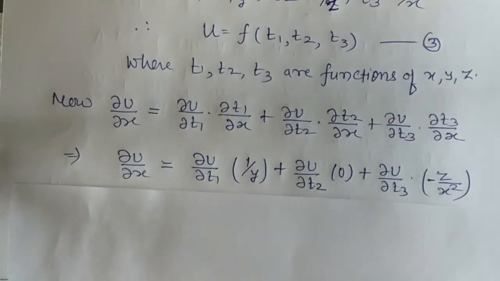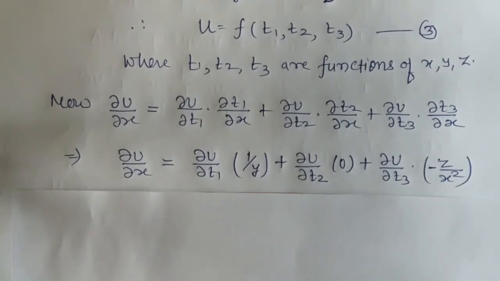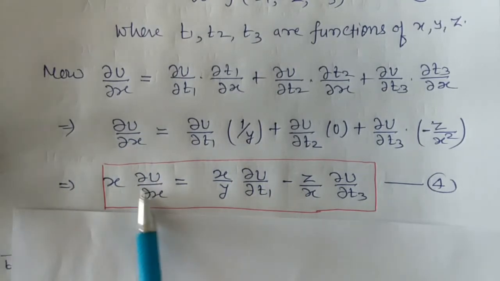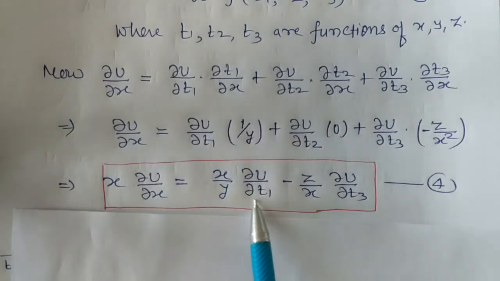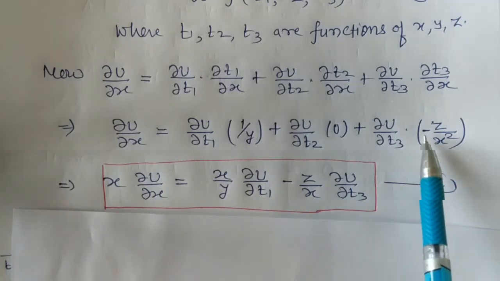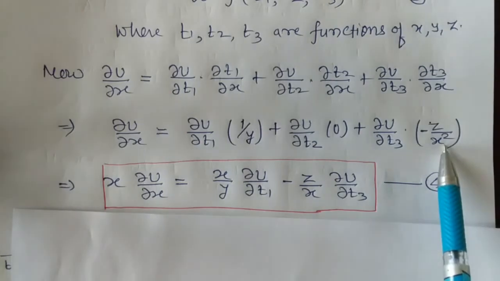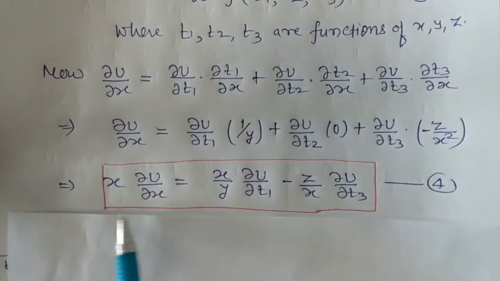Now we multiply this expression by x. Then we get x del u by del x is equal to x by y into del u by del t1, and from here we get minus z by x into del u by del t3. So this we find x del u by del x.